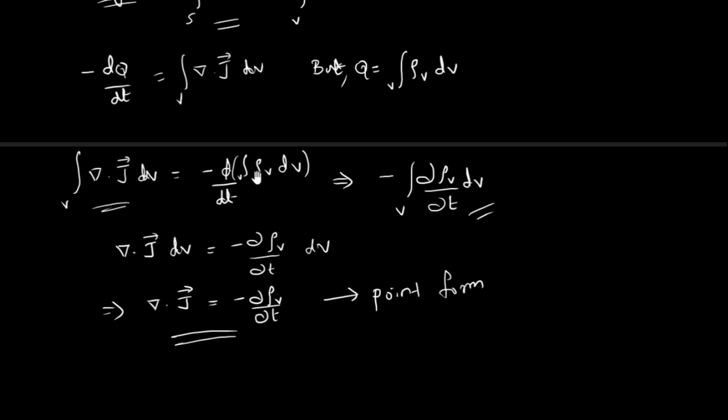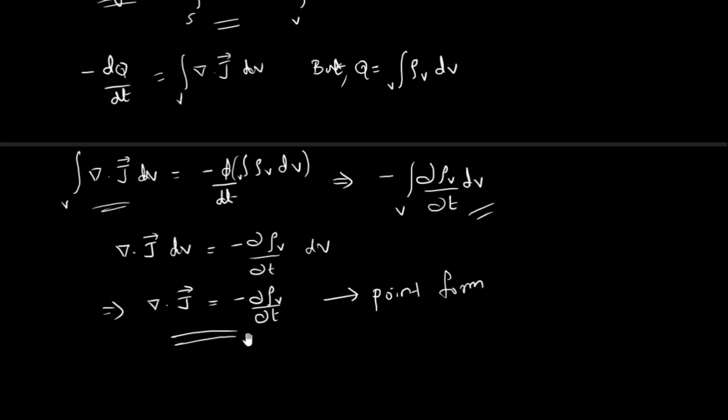Now in the course of finding the differential form of this equation, I find that I have to use the concept of divergence, and using that concept I understood that del dot J is minus ∂rho v by ∂t.